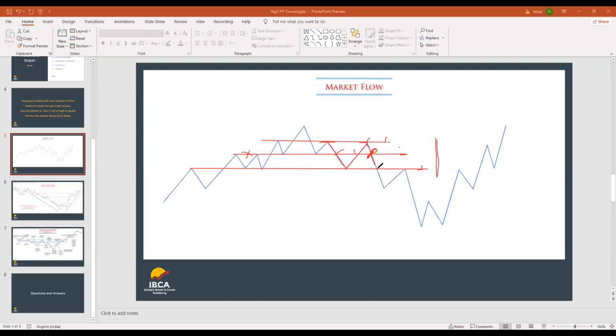So if the market is bouncing off this level again, will you buy again? No, I would not buy again, because I want to confirm that the market is going strongly up again and breaking this level. If this is getting broken, then I would wait for the market to reach here, because this is your next target.